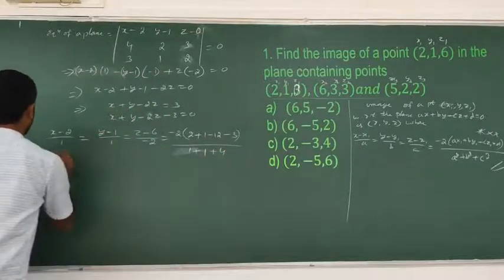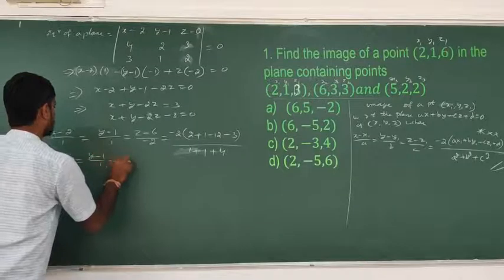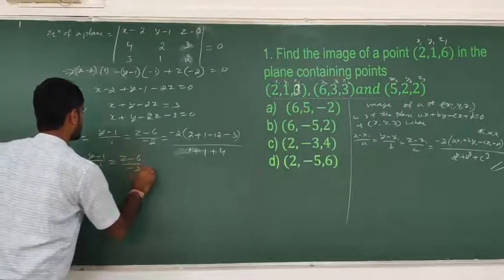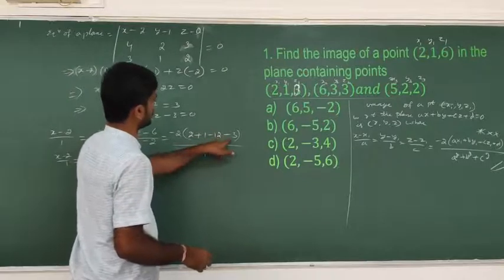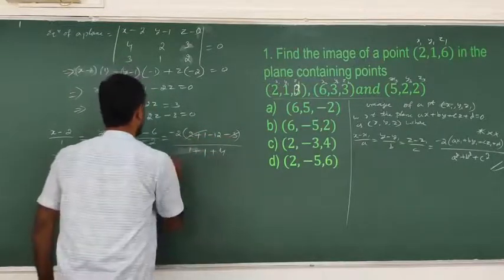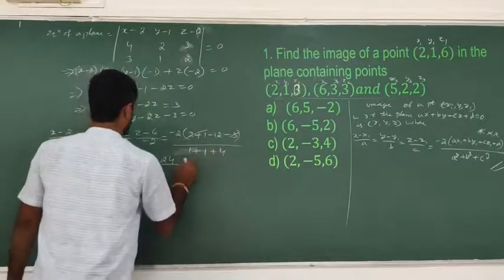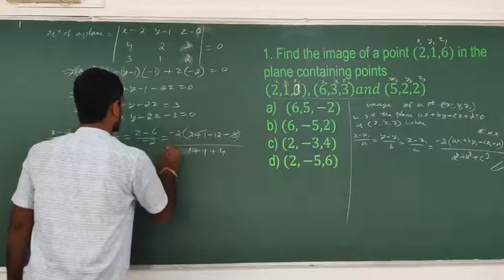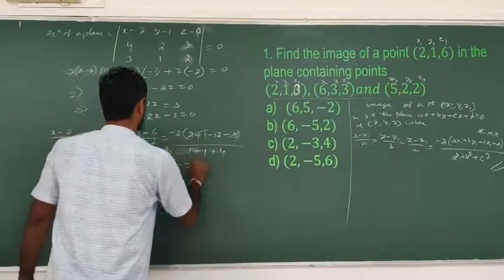So then x minus 2 by 1 is equal to y minus 1 by 1 is equal to z minus 6 by minus 2 is equal to, simplify. So minus 2 minus 12 plus 3 minus 3 cancel, minus into minus plus 24 divided by 4 plus 1 plus 1, 5 plus 1 is 6, 6 ones are 6, 4 sixes are 24, therefore this is equal to 4.